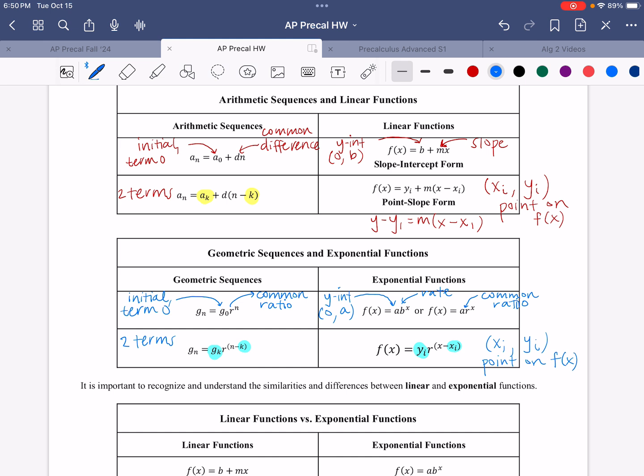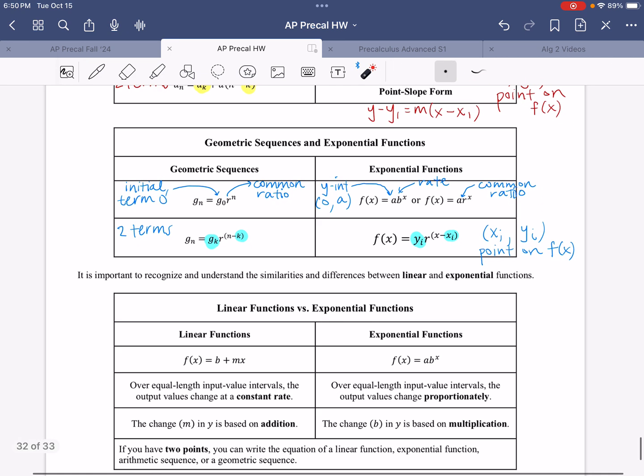These tools are all at your disposal throughout this unit, and will be when we work through some word problems. We'll decide what makes the most sense based on the problem.